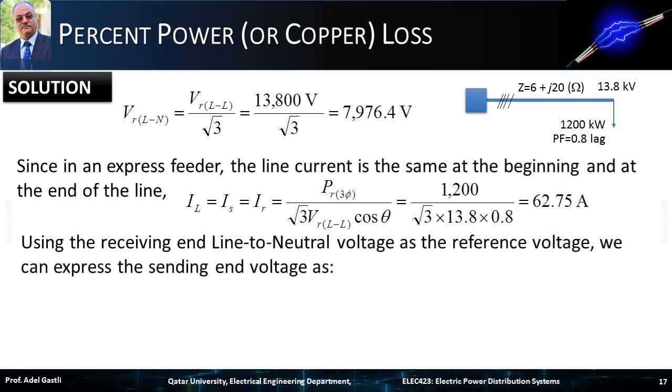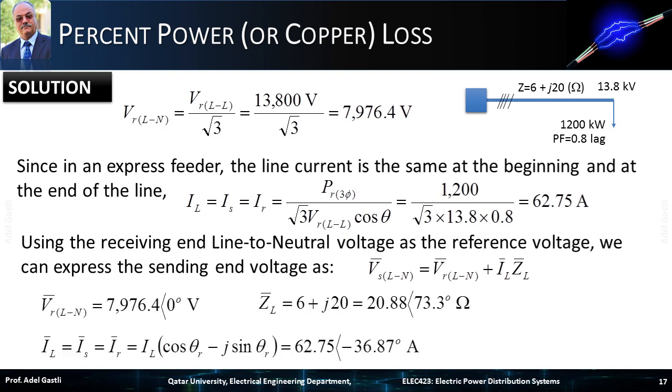Using the receiving end line-to-neutral voltage as the reference voltage, we can express the sending end voltage as VS,LN equals VR,LN plus I times ZL, where all parameters and variables are expressed in phasor or complex form.